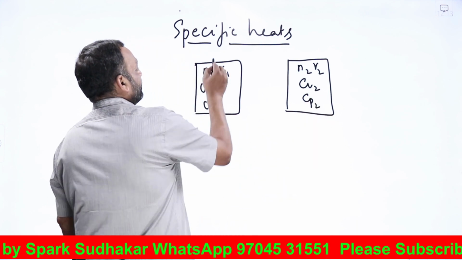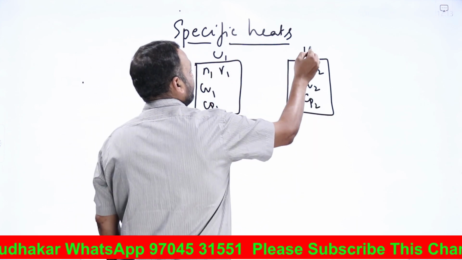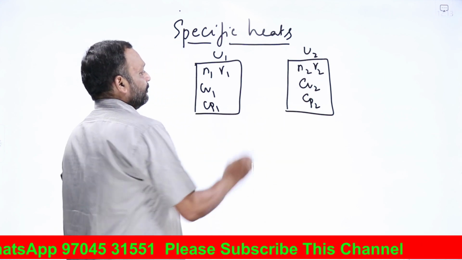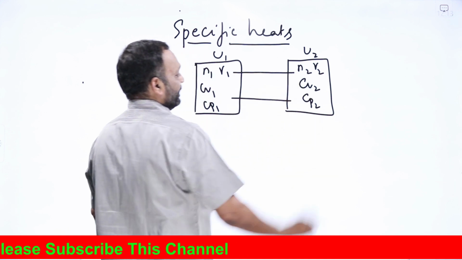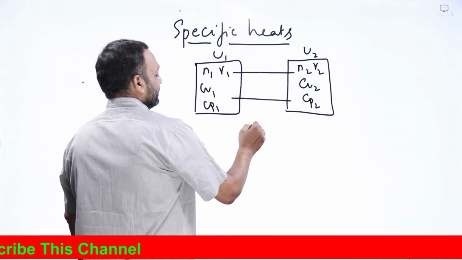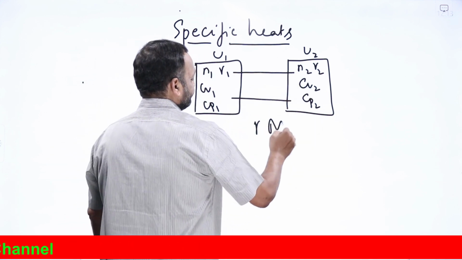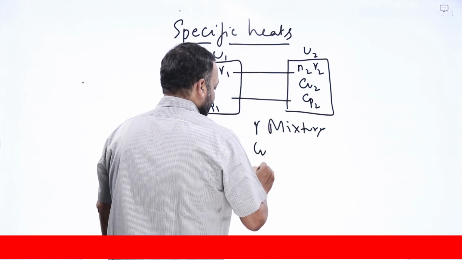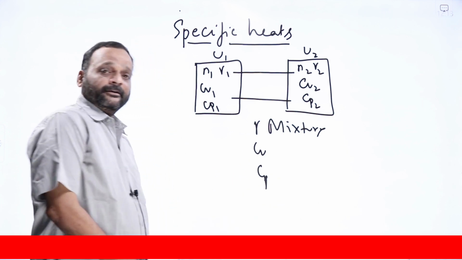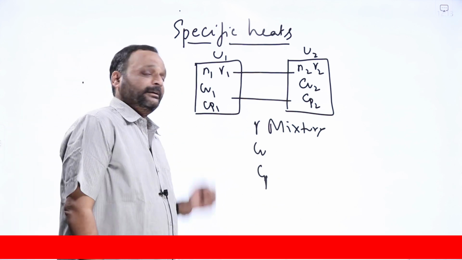Now here internal energy is U1, here internal energy is U2. Now what happens when I mix these two gases? What is the resultant gamma of the mixture? Resultant CV of the mixture, resultant CP of the mixture we want to find out. Once we get CP and CV, we'll automatically get the gamma value.